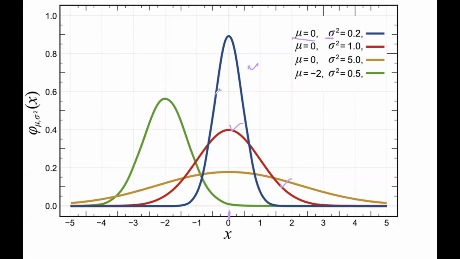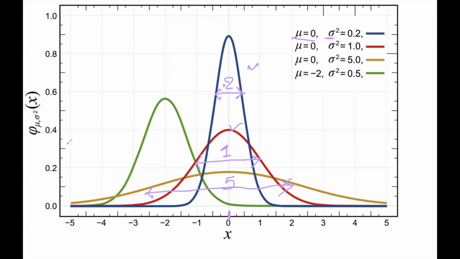Let me write here 0.2. The variance of this red plot is 1. And this is the variance of my yellow plot, which is 5.